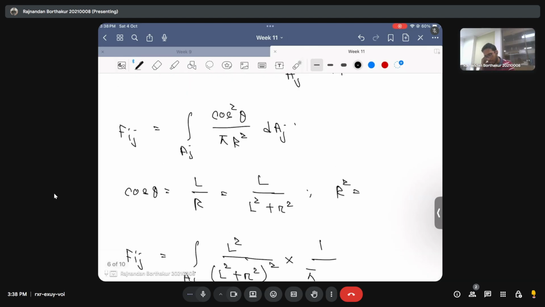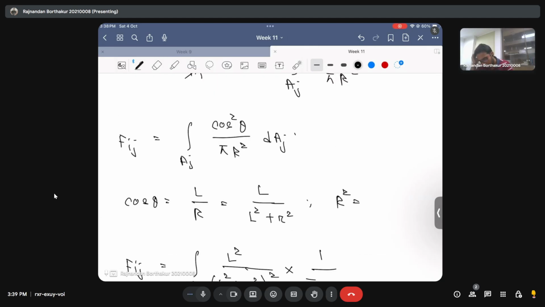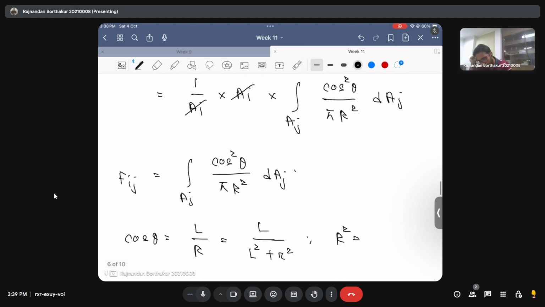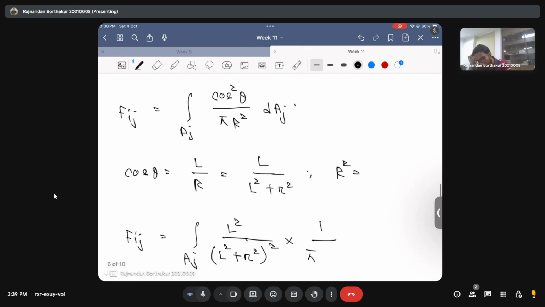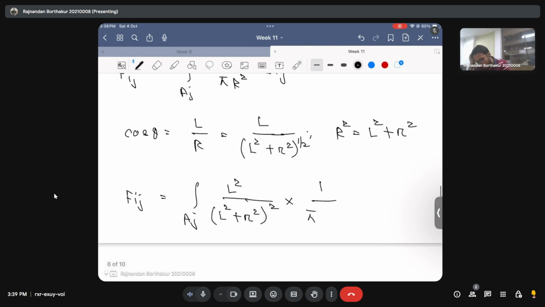Did I do any mistake here? Okay, sorry, I think I made a mistake. So r is actually a root of this, just from the geometry, and r square is actually L square plus R square, which means cos square theta will become L square over L square plus R square. Sorry for an error in the math.